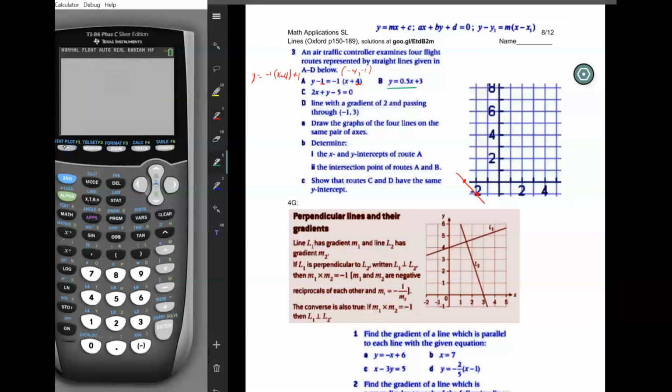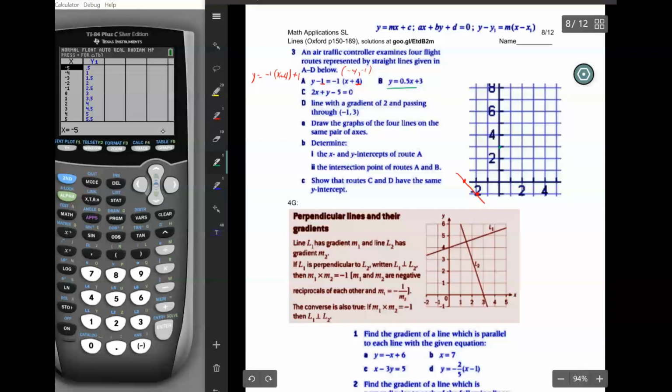The way we'll do that is we will say y equals 0.5x plus 3. Then we'll look at the table. And 0, 3 is one of the points, and 2, 4 is another point. So we can already see that it's going to be about like that. Okay, that's green.